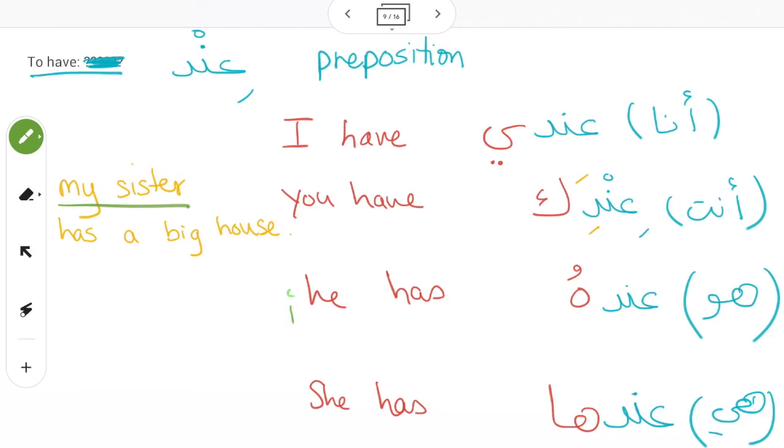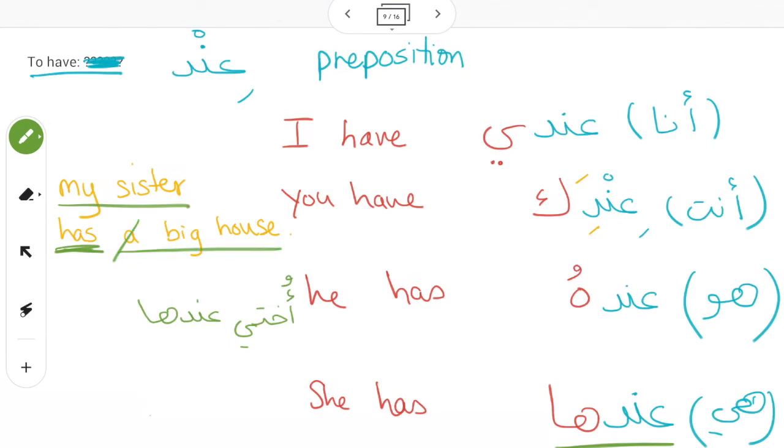Okay, my sister, أخت, and I want to make it mine, so I add a ya. أختي has. Has and have are the same thing in Arabic. Okay? You want to refer to the feminine because your sister is the one who has. So you have to use the feminine form. So we're going to say عندها, a big house.